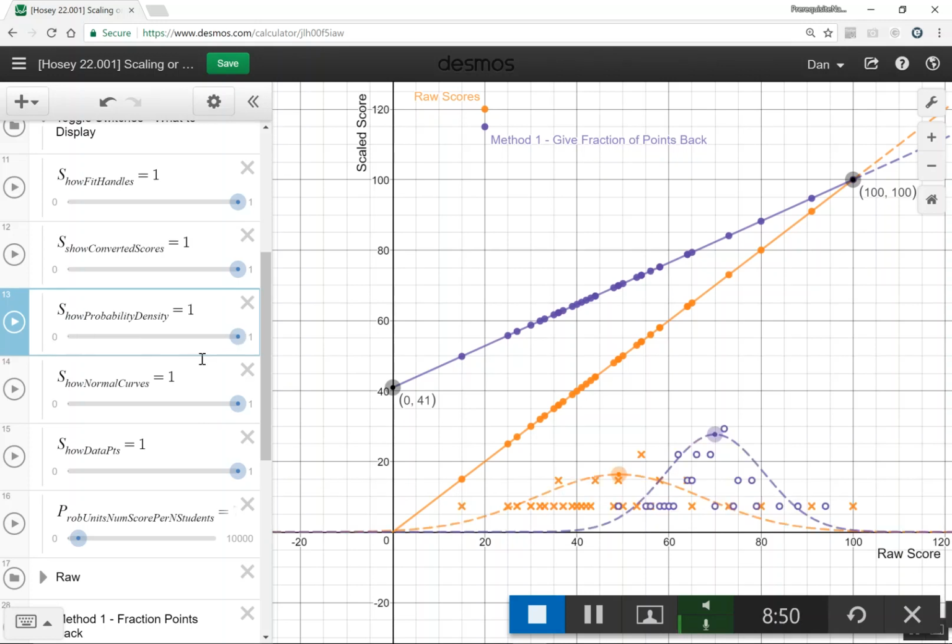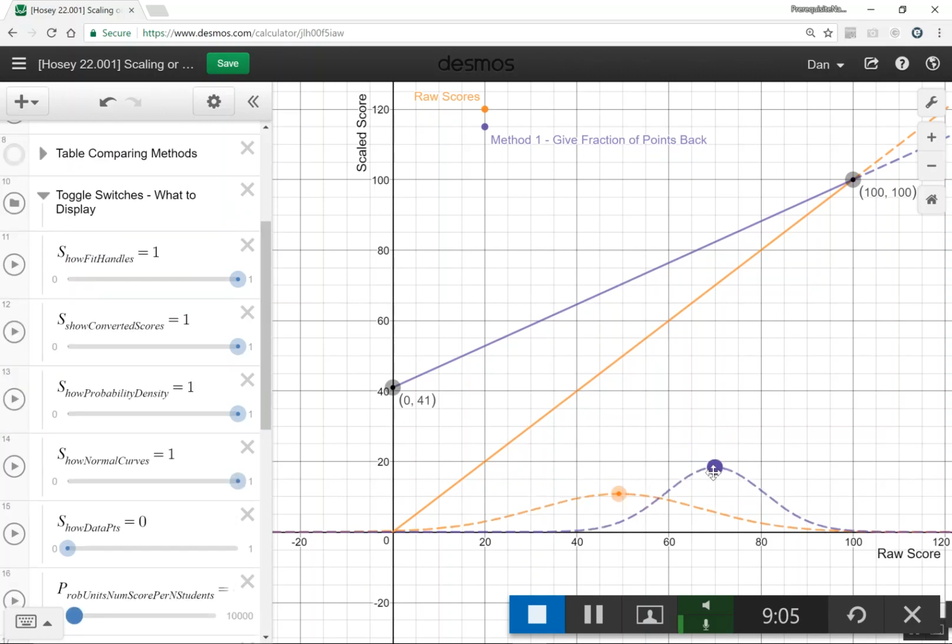Or you can individually turn on and off the normal curves. So let's say you just want to see the actual data and how that translates. Or you can turn on and off the data points because you might find that cluttered, or you might like to look at it. You can also drag these up or down. They're just the relative frequency.